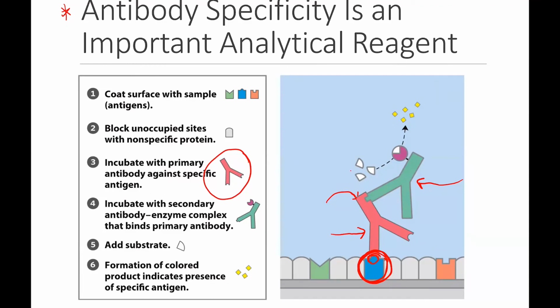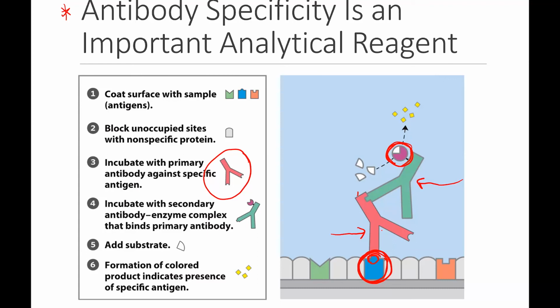You can see it locks into the end of the first antibody that we added. This secondary antibody will have some type of probe on it. And this probe usually will form a color or it'll fluoresce. Usually, one of these two things, fluorescing or forming a color, will occur once you bind these antibodies together.